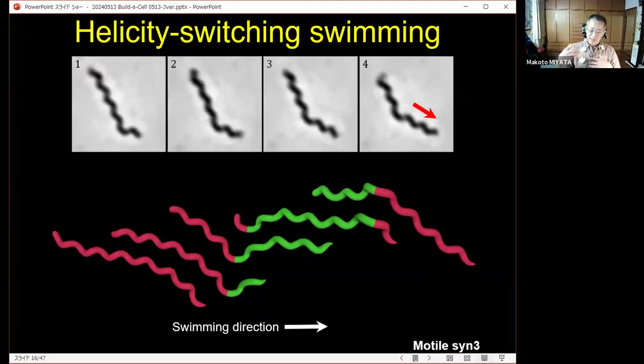So the helicity switching reaches the back side and switches the position, so it should rotate very rapidly. Then this bacterium pushes the cell with the back side, so they go forward.